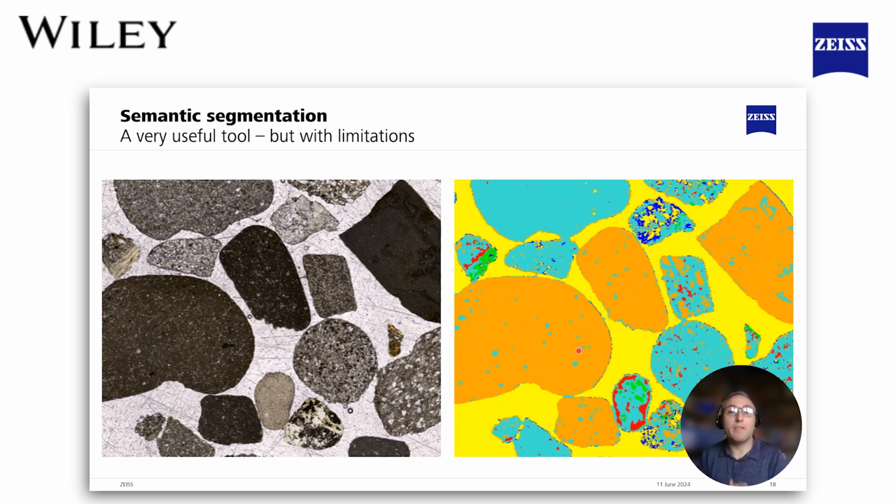But in terms of the semantic segmentation itself, all it's got across the entire sample is the proportion of orange and the proportion of blue. It doesn't recognize that this grain up here that's mostly pale blue is different to this one. It only recognizes that there's a lot of blue or not very much blue in different parts of the image. So this is not very useful information for the researcher who wants to do lithology classification, because semantic segmentation effectively at this point is just showing us variation in mineralogy and not lithology.